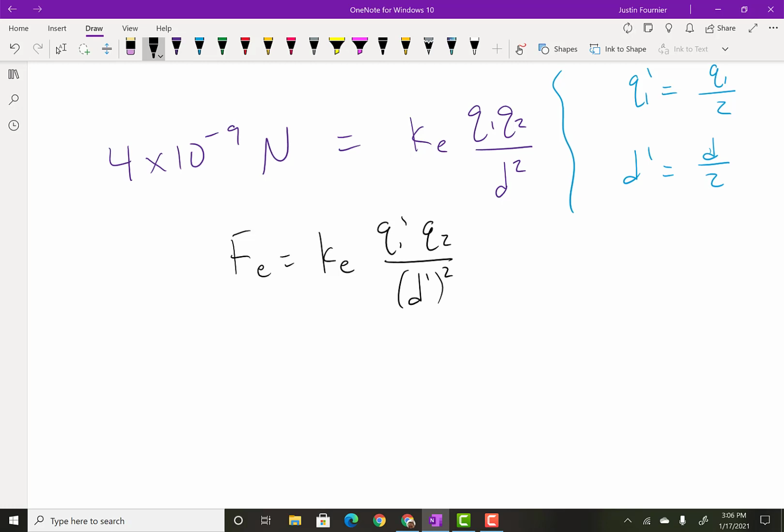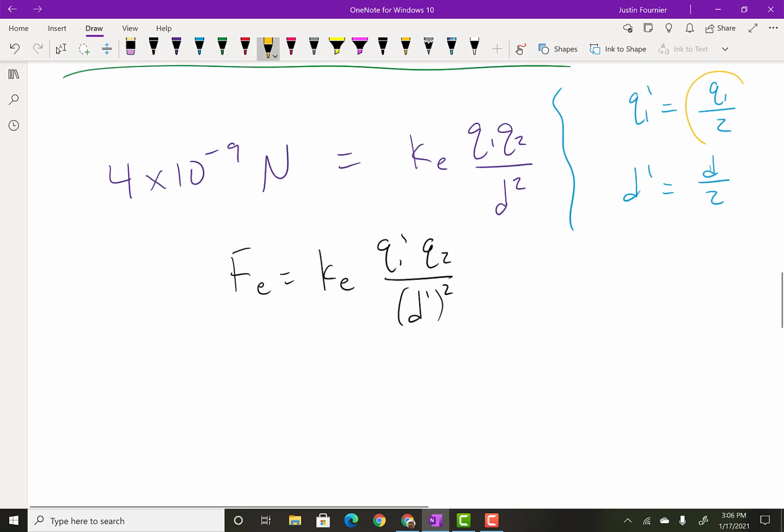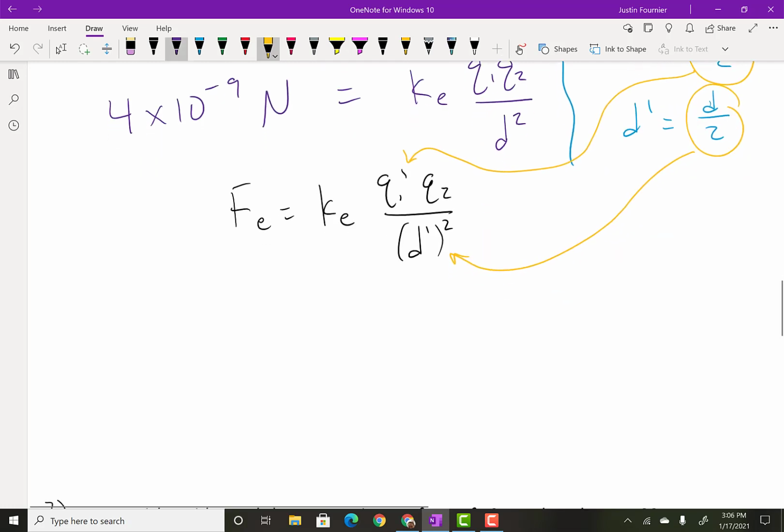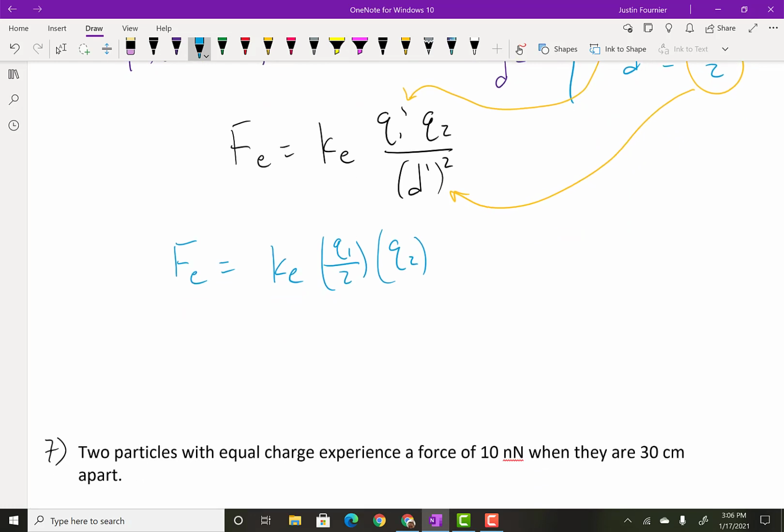And now I'll reduce it. I'm going to plug in this into here, and I'll plug in this into here, because that's what those things are. So I get F_E is K_E, and then this is going to be Q1 over 2 times Q2, and then divided by this new distance, which is D over 2 squared.